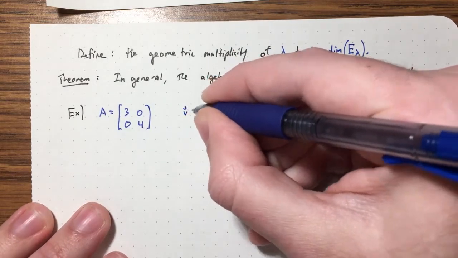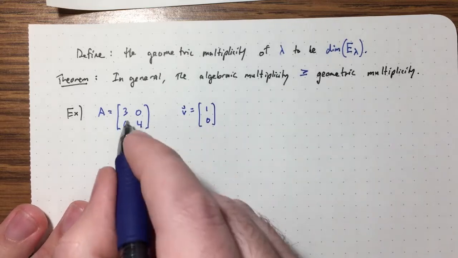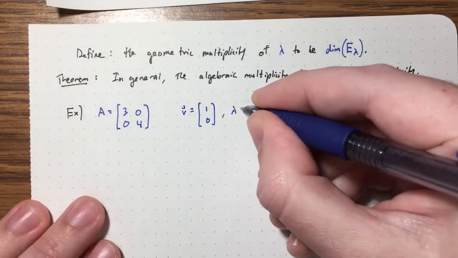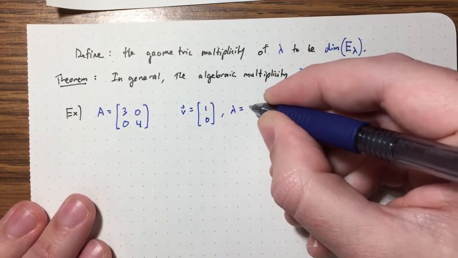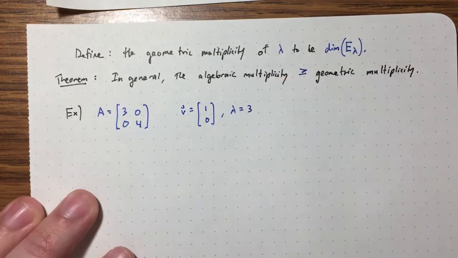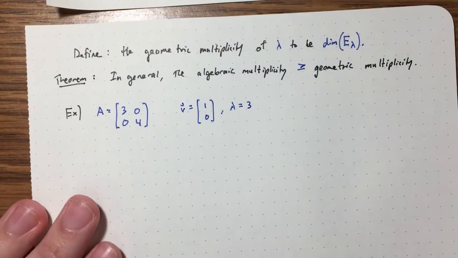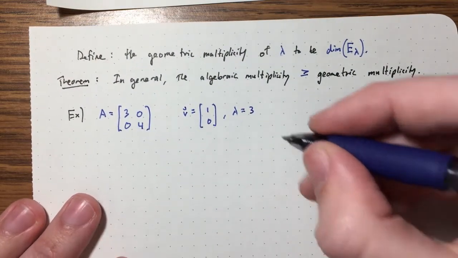Here's an eigenvector: 1, 0. Because where does that get sent? That gets sent to 3, 0. So this just gets multiplied by 3. So it's lambda equals 3. You don't need to do that whole calculation, the determinant of A minus lambda I. This is an example where you can just kind of see it.